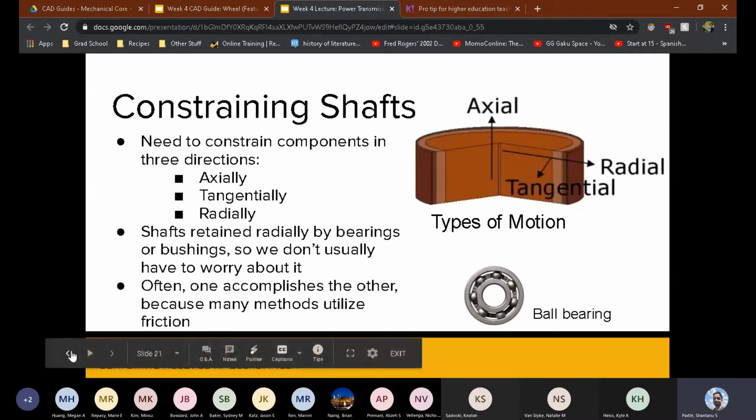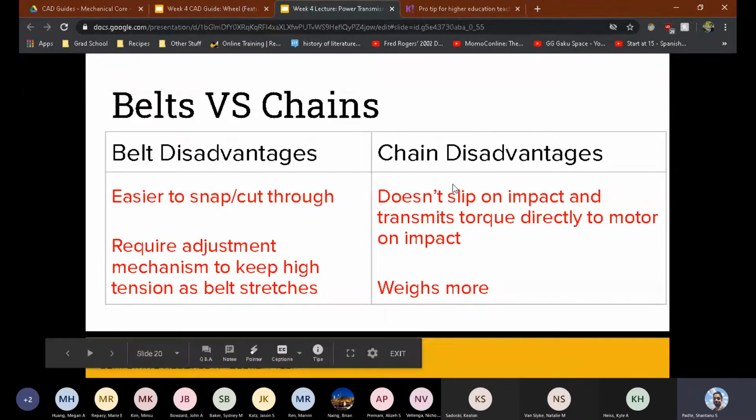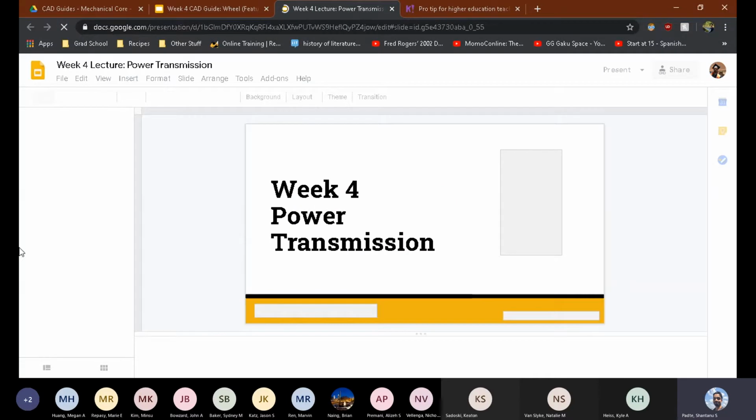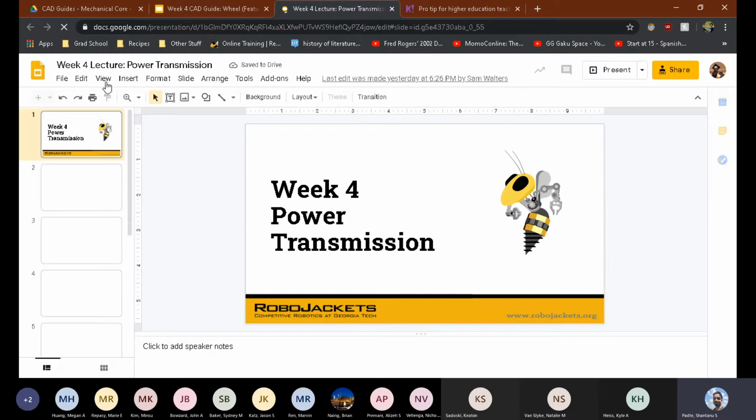Okay. Any questions on belts and chains? Okay. I accidentally refreshed this.